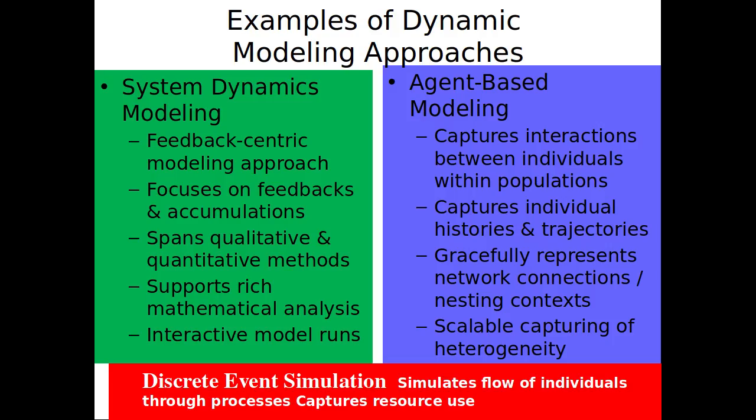Agent-based modeling captures interactions between individual population members, can capture individual histories and trajectories, including things we might want to do with a certain person based on their history that are different based on that history. It can represent network connections and spatial and hierarchical context. And you can really richly capture heterogeneity in a way you can't with an aggregate model.